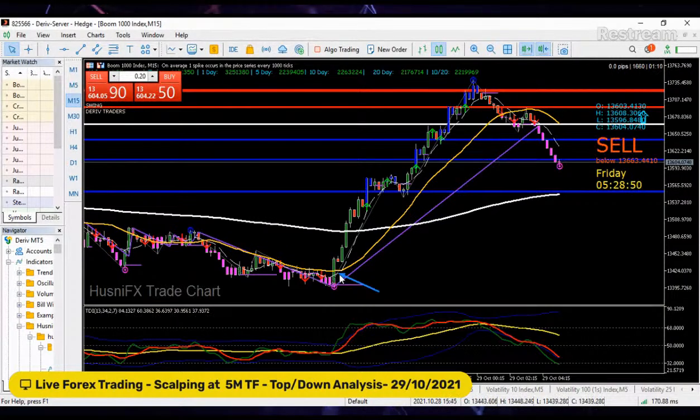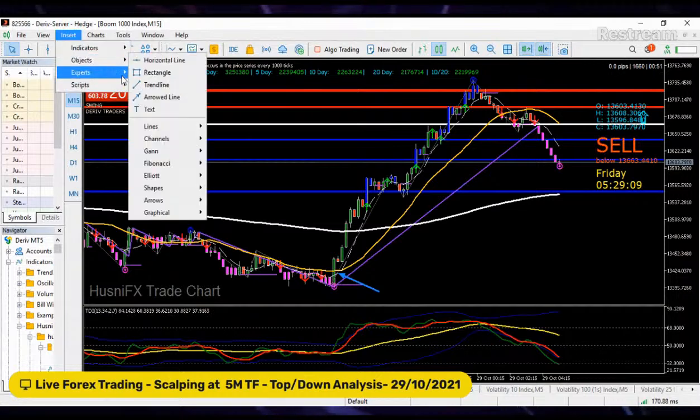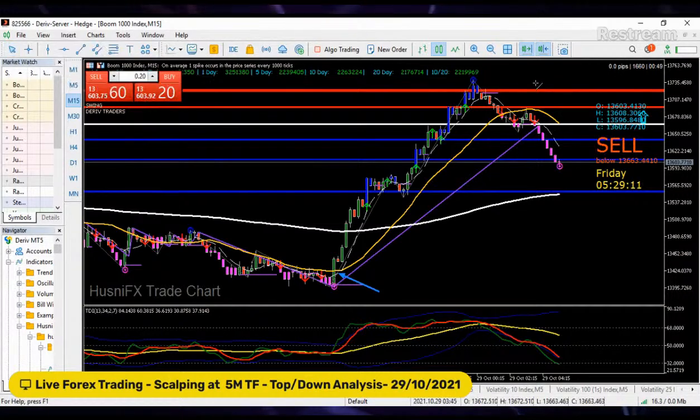Sometimes the market makes what we call a false cross or false break. Whenever price breaks above and continues up, it means that the market will continue up. The opposite of the up direction is the down direction.